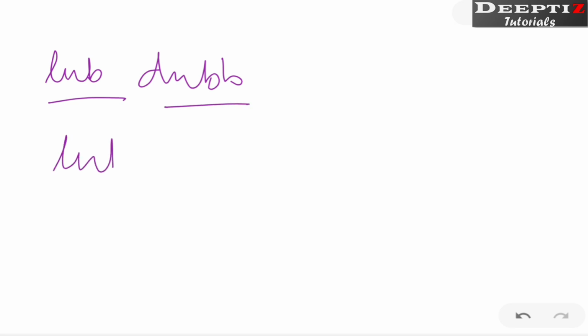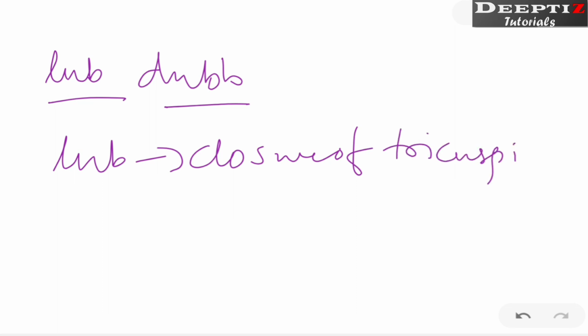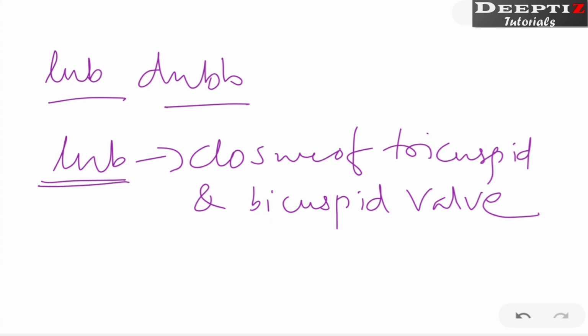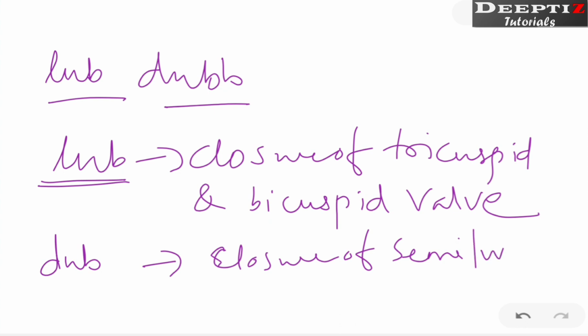So how does this lub sound come? Because of the closure of the tricuspid and bicuspid valves. We know where these valves are. Whenever these valves close, we listen to the sound lub. And how does the dub sound come? The dub sound is because of the closure of the semilunar valve and aortic valve.